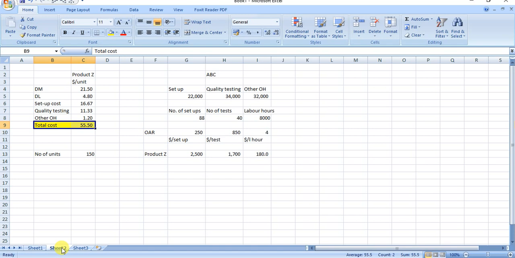Wherever necessary, leave some space. See, I wrote the cost pool here, and then I left a space. Then I wrote the cost driver, left a space. Then the OAR, left a space. Then absorbed the product. So if you want, leave spaces here and there. Don't waste time in formatting, highlighting, borders and stuff. The reason is you don't get marks for that. So why are you wasting time on that?